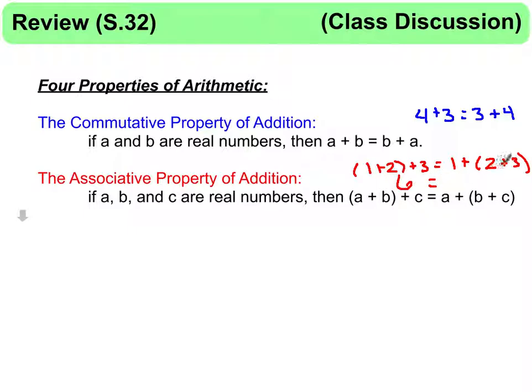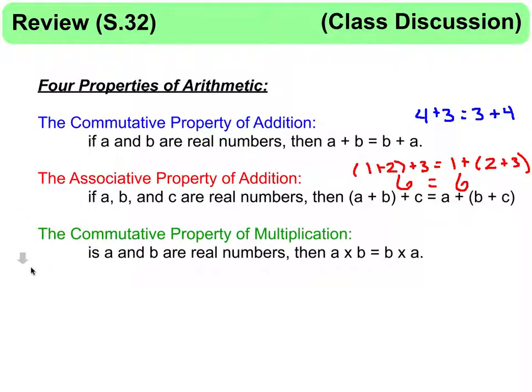But over here, if I do 2 plus 3 first, I get 5, and I add 1 next, I still get 6. That's an illustration of the associative property of addition.